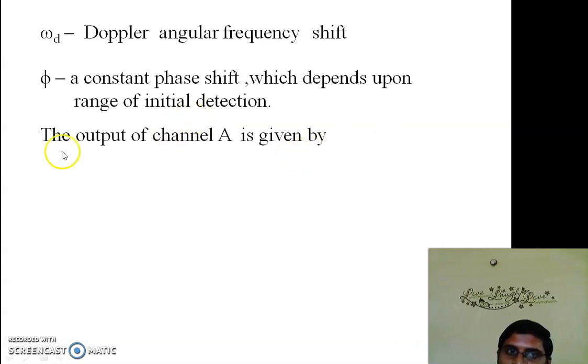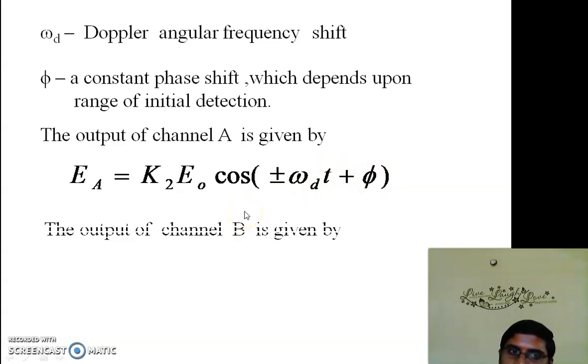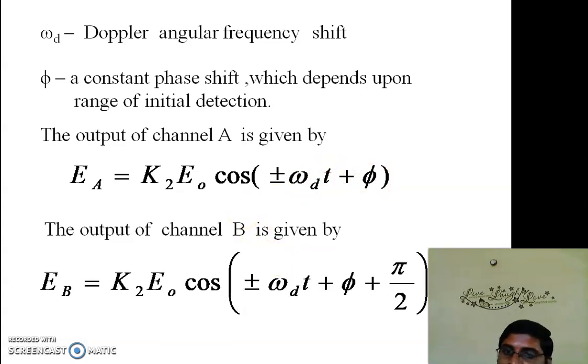Output of channel A means there is no delay in the transmitted signal, and that is mixed with the echo signal. Then that produces plus or minus omega d t plus phi. Similarly, for the output of channel B, the transmitted signal has a 90 degrees phase difference. So these two are given to the synchronous two-phase motor.